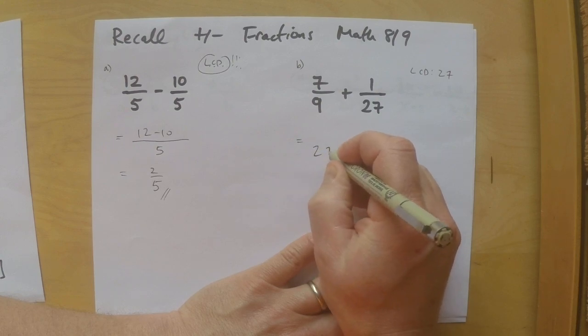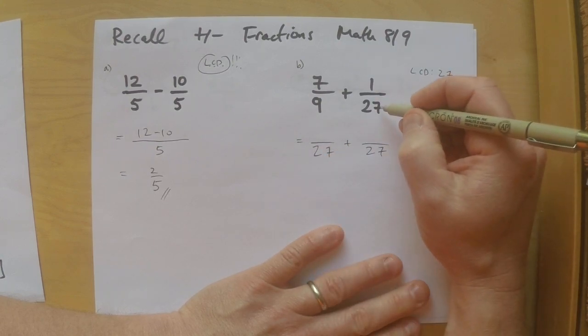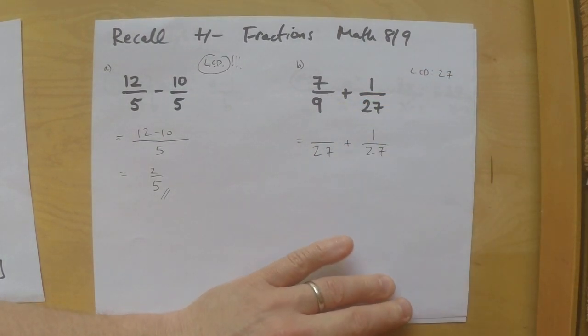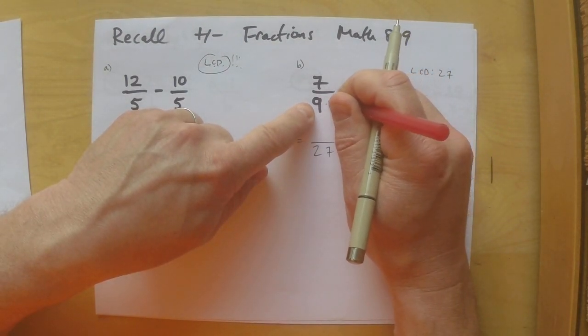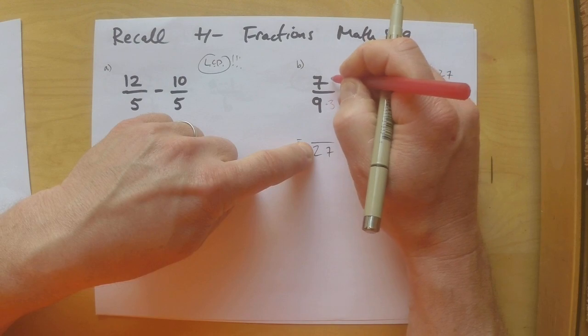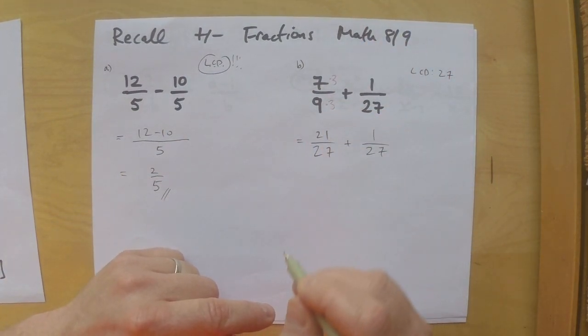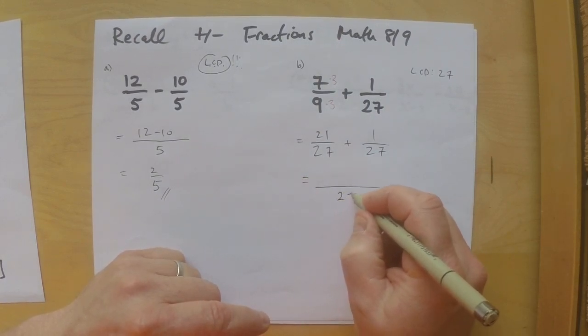So you would make both denominators 27. This one already is a 27, so you just recopy the denominator. For the one that wasn't a 27 to start with, you ask, what do I multiply you by? Oh, I multiply you by 3 to make you 27, therefore I multiply the numerator equivalently to make that 21. And then you're back to this type of situation.